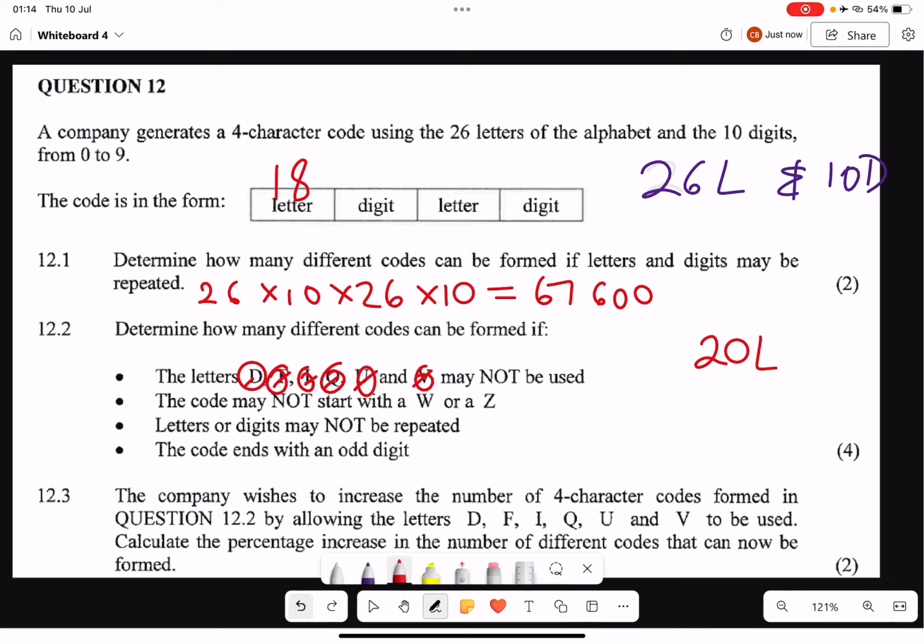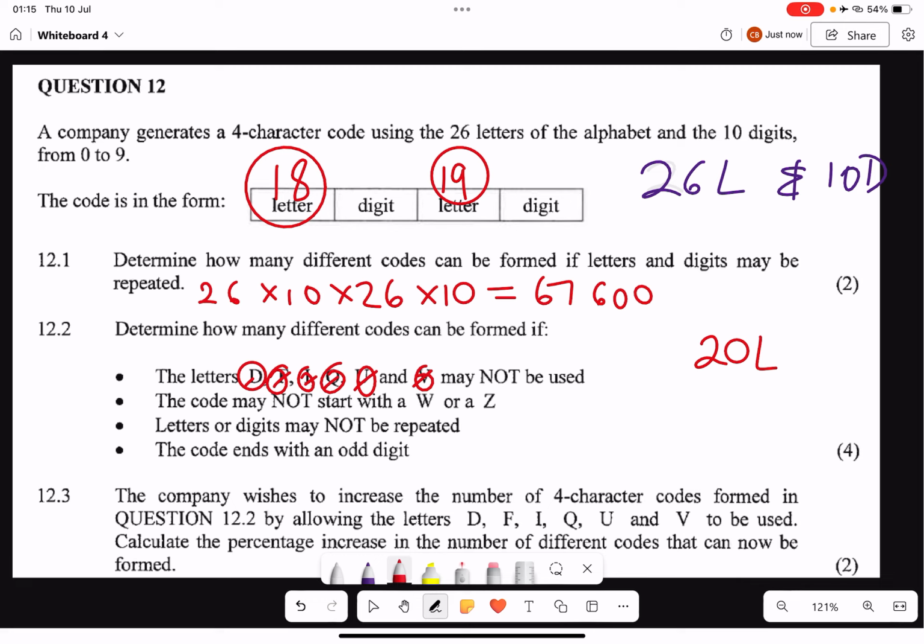Does that make sense? I picked one letter, so I'm left with 17 letters after picking one out of 18. But because the W and the Z can now come back, I'm going to have 19 options to put. Remember, we already chose one letter for the first place, so the remaining letters will be 20 minus 1, which is 19 choices.